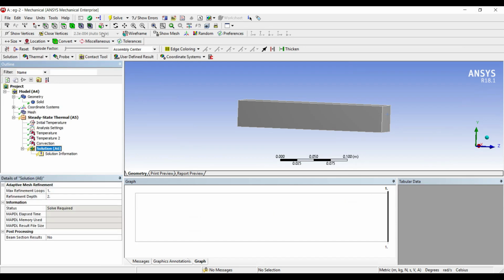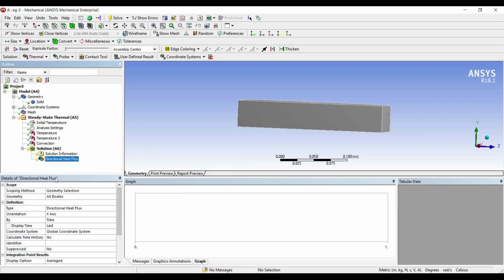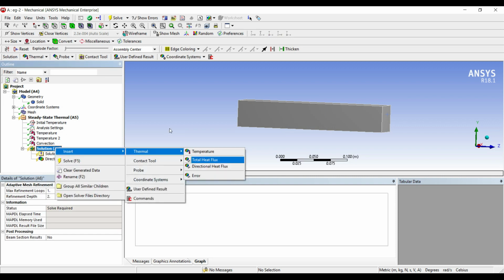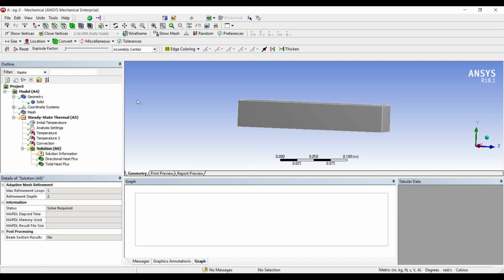I'll go to solution, right click, insert, thermal, total heat flux, or I can add directional heat flux. If I choose directional, I'll have to give the direction as Z. Right click, insert, total heat flux, solution, solve.